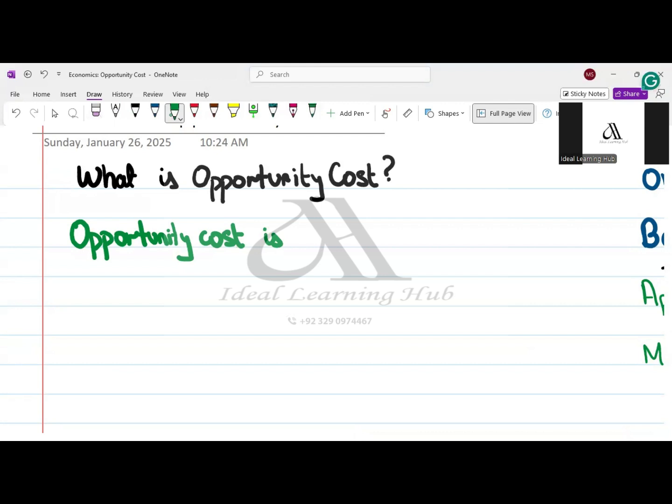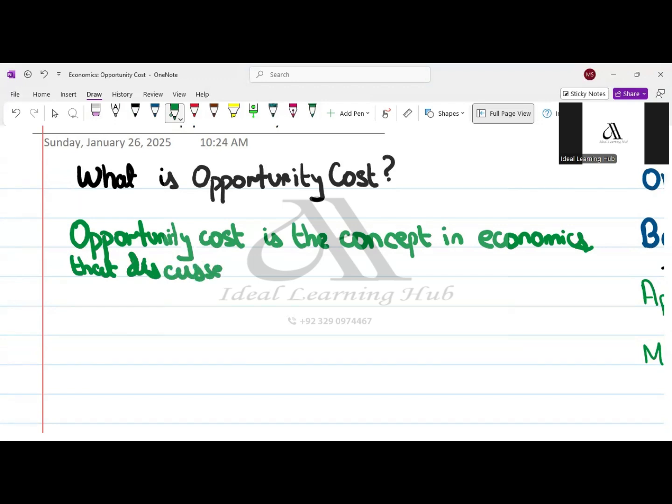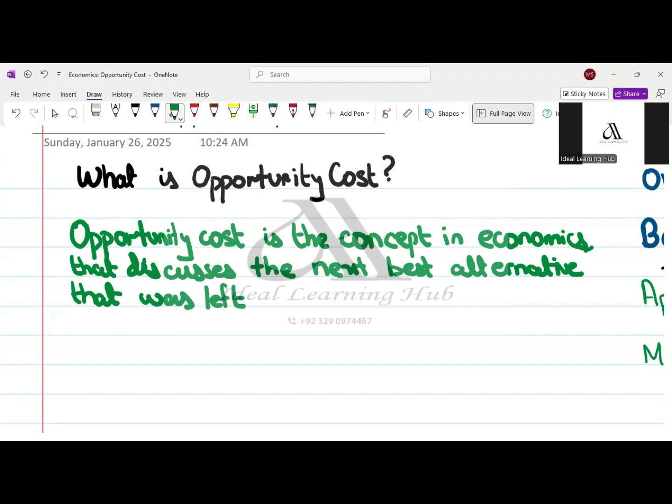Opportunity cost is the concept in economics that discusses the next best alternative that was left out.